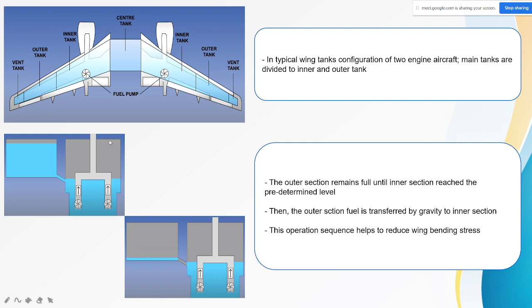When the inner tank is consumed until it reaches this level, the inner tank will not be consumed any further, and the outer tank will be consumed first until it reaches this level. This is to help reduce the wing bending stress.